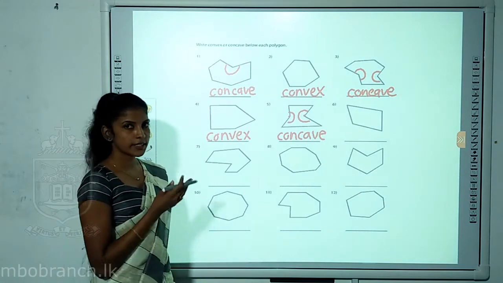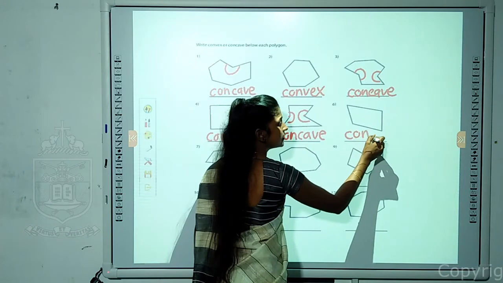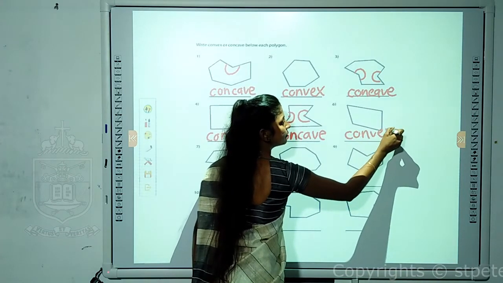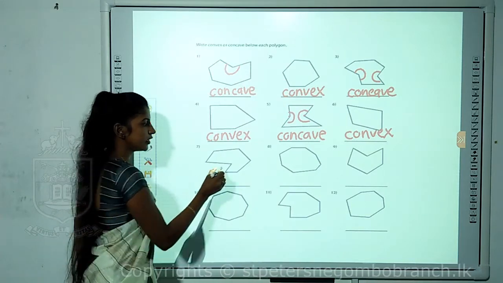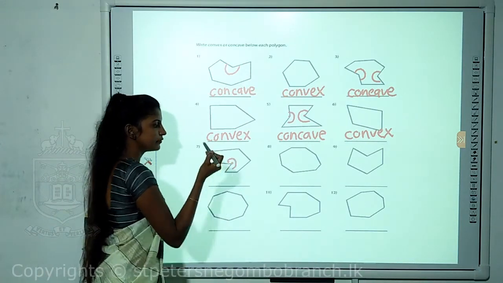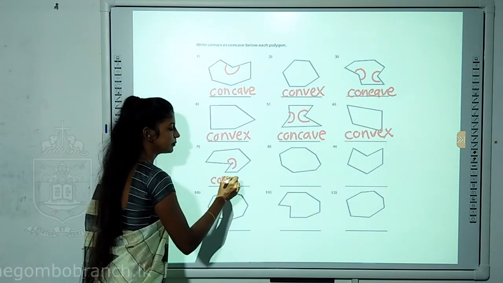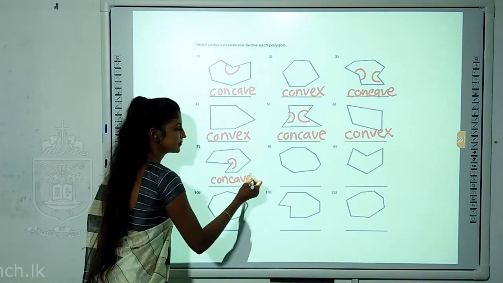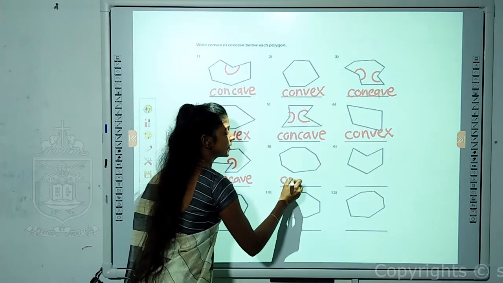Next one, you can see all the interior angles are less than 180, no reflex angles, so it will be a convex polygon. Seventh figure, again you can see at this vertex a reflex angle is formed, so it will be a concave polygon. Eighth, this is also convex, there are no reflex angles.